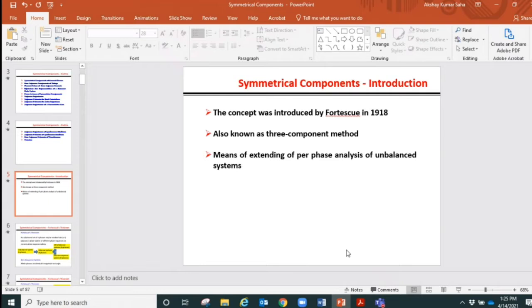All other faults, single line to ground, A, B, or C, double line faults AB, BC, CA, and AB to ground, BC to ground, CA to ground, are asymmetrical faults. They will cause the system to be unbalanced, even though we started in the first place with a generator which was giving us a balanced system of voltages. So we need this theorem.